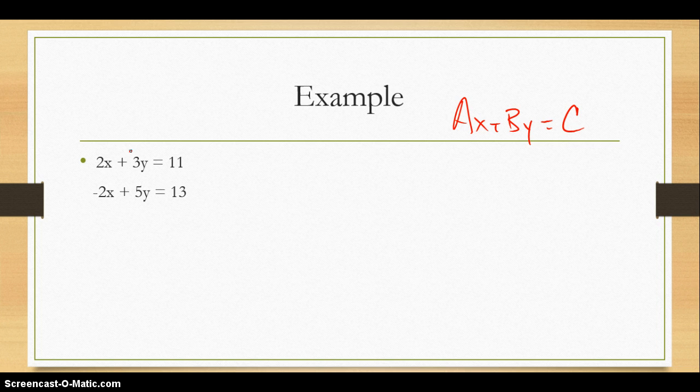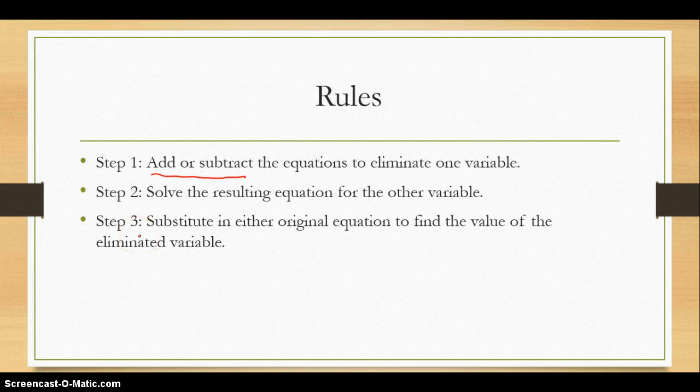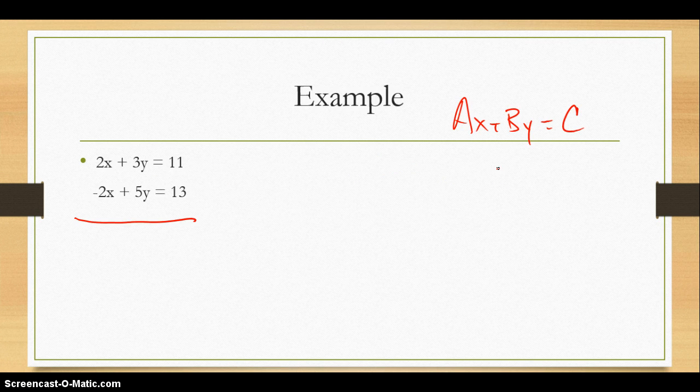Now we're adding or subtracting, and the point of this is to eliminate one of the variables. If we added down right now, would it eliminate one of the variables? You see 2x plus negative 2x would cancel out here, and then 3y plus 5y is 8y, and 11 plus 13 is 24.